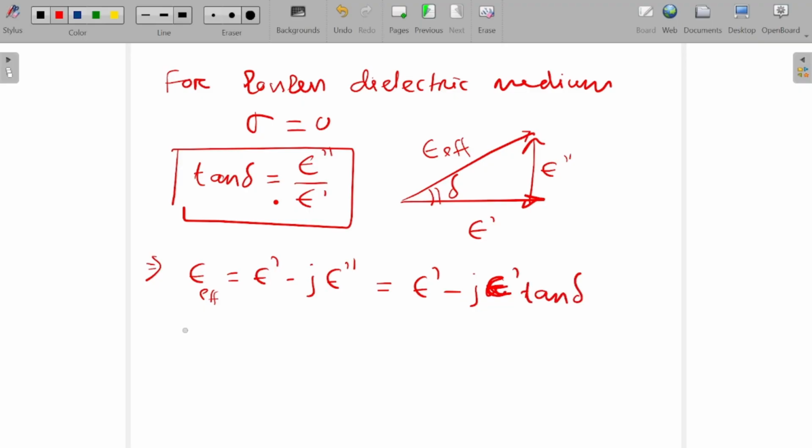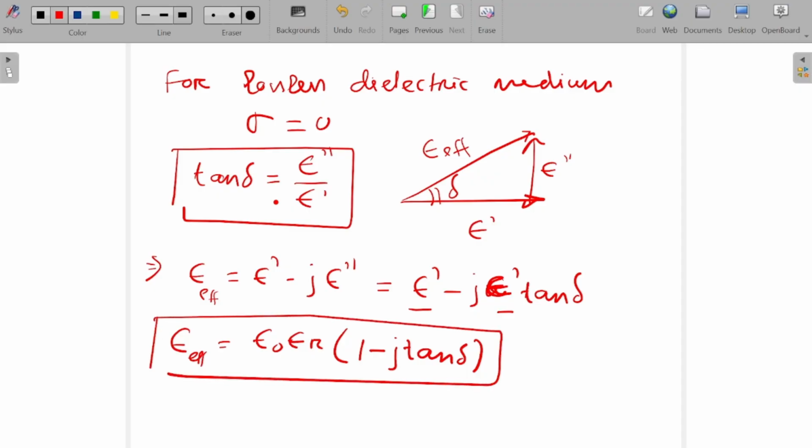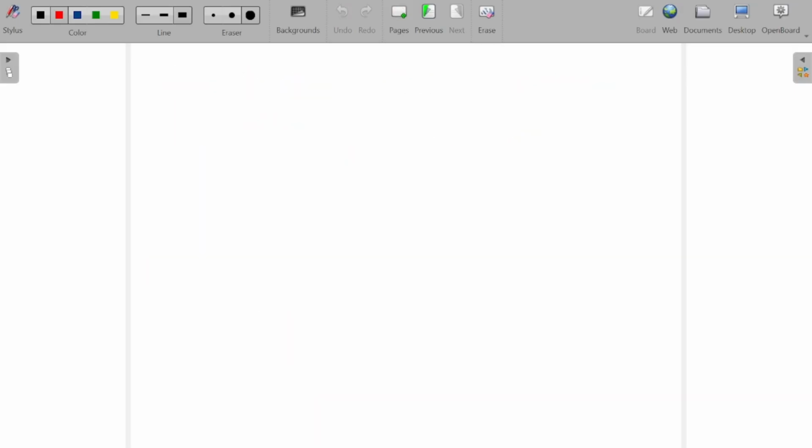Or your complex permittivity is defined as epsilon naught epsilon r. If you take epsilon common from both, we will have 1 minus j tan delta. So, this is your complex permittivity of the medium.